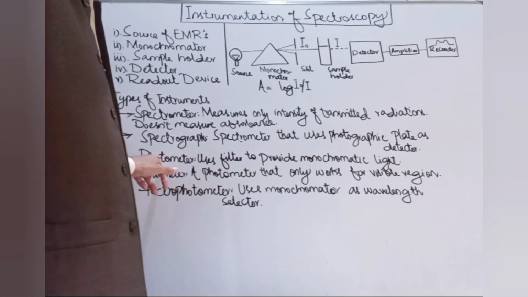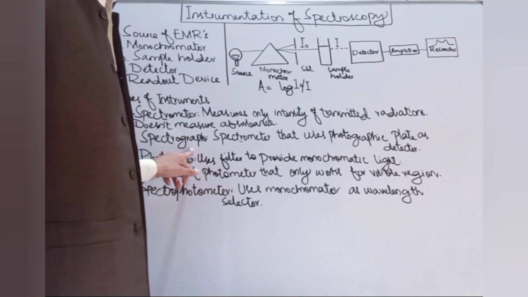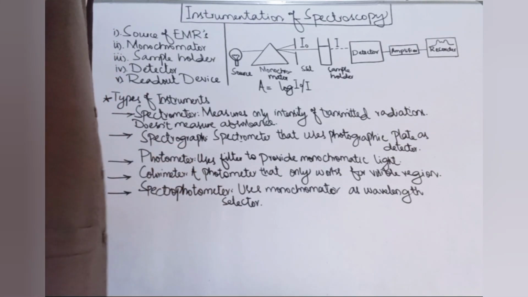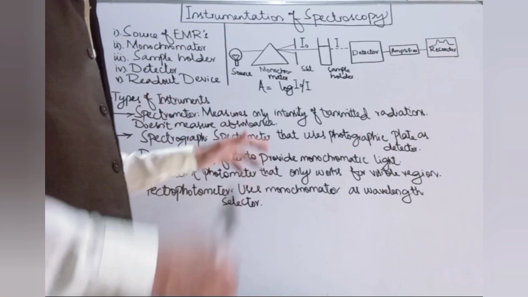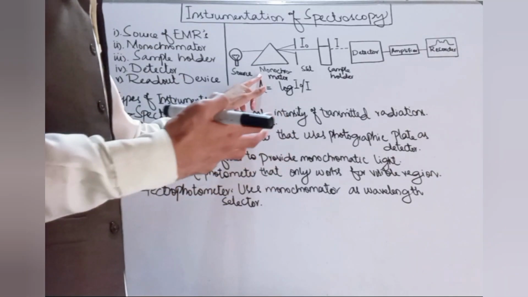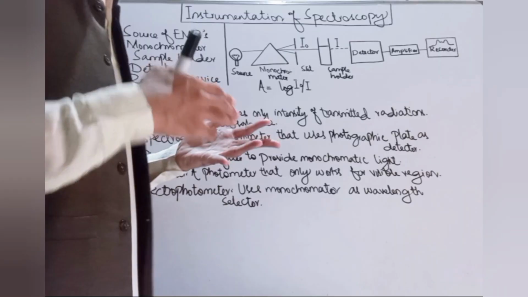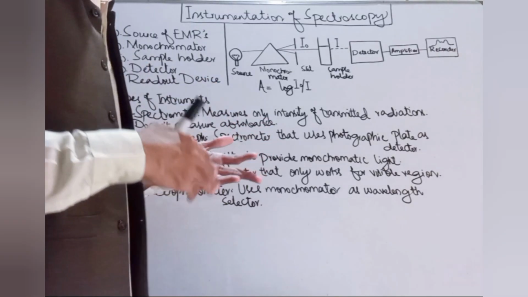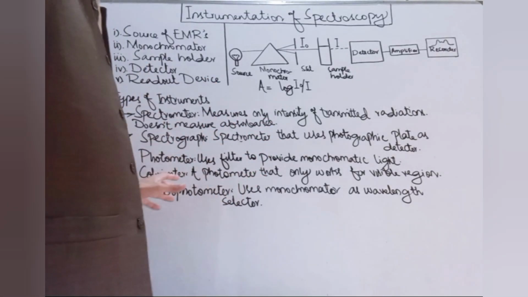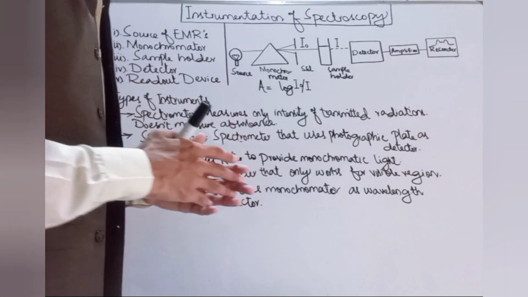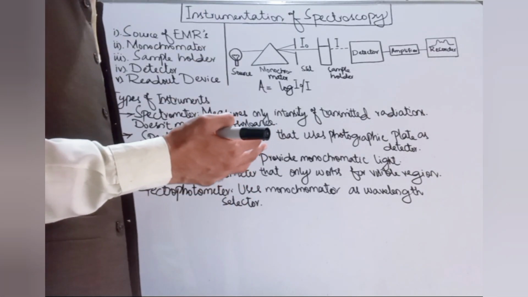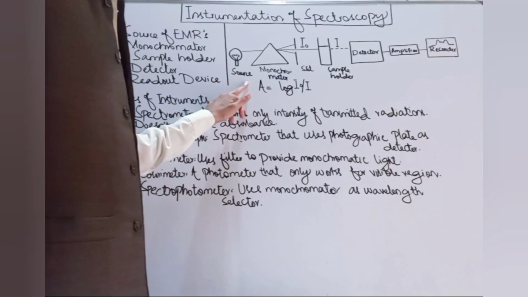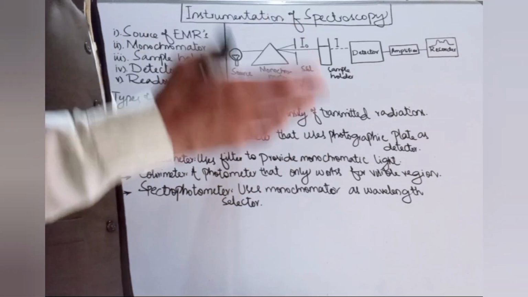The third one is the photometer. It uses a filter to provide monochromatic light. As I have mentioned here, monochromators are of different types. Basically the component is the wavelength selector. So a wavelength selector can be a monochromator and a wavelength selector can be a filter. A filter is a wavelength selector that uses the phenomenon of absorbance for the selection of a specific wavelength.